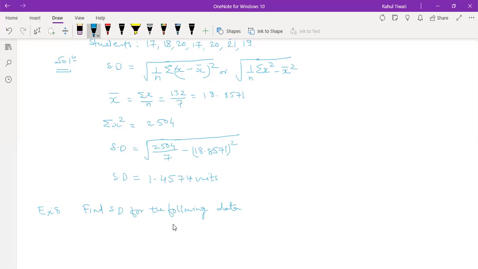Suppose we are given age, which is your x, and the number of students. I think this example we have already considered.